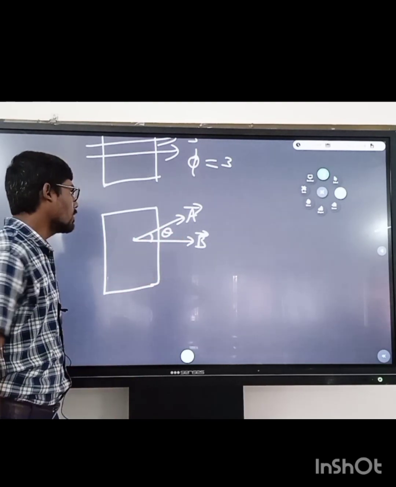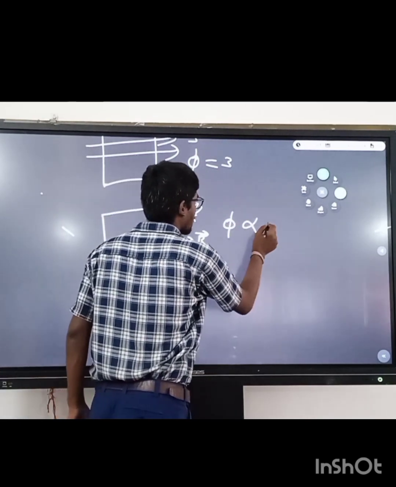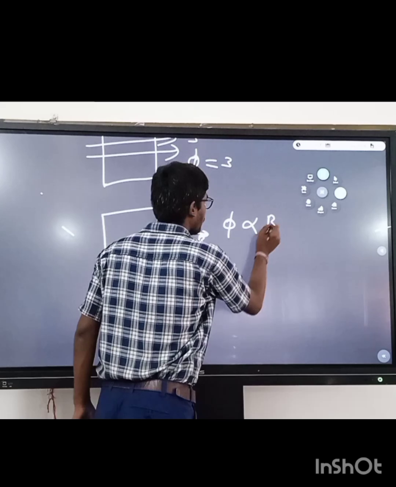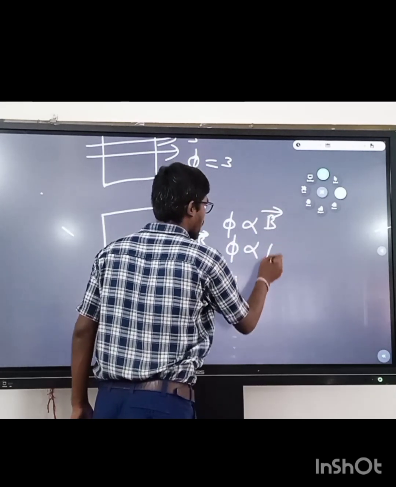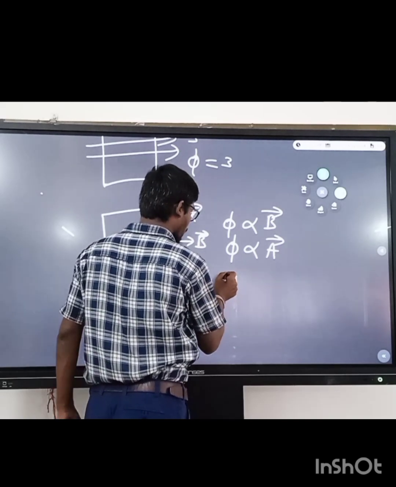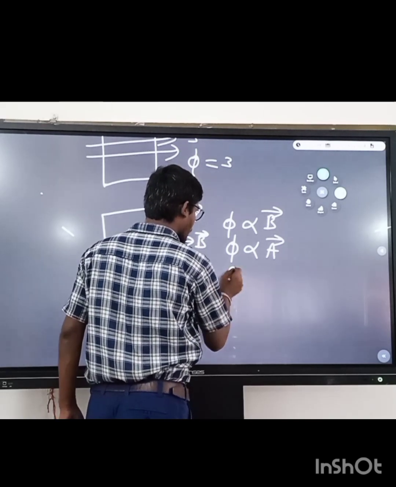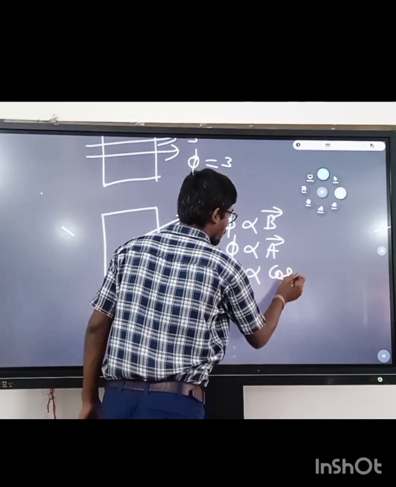Then we know magnetic flux is directly proportional to the magnetic field, directly proportional to the area vector, and directly proportional to cos theta.